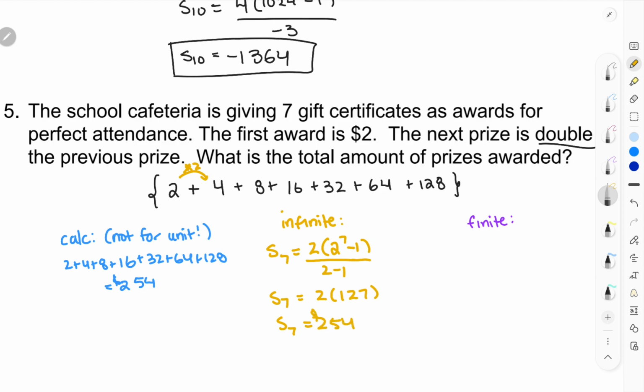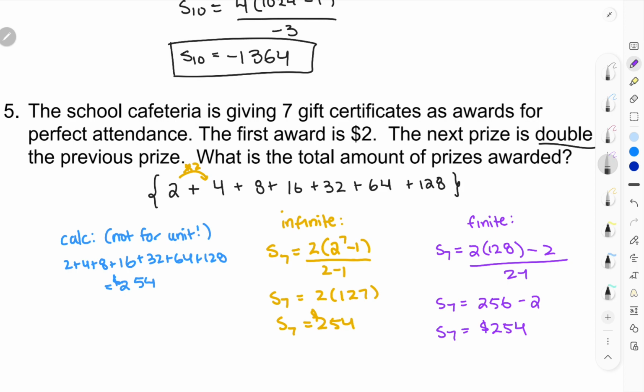Would you look at that? From a finite series perspective, I can take r times my last term, which was 128, minus my first term, which was 2, divided by r minus 1. So I can take 2 times 128, which is 256, minus 2, and same thing. It gets me to 254.